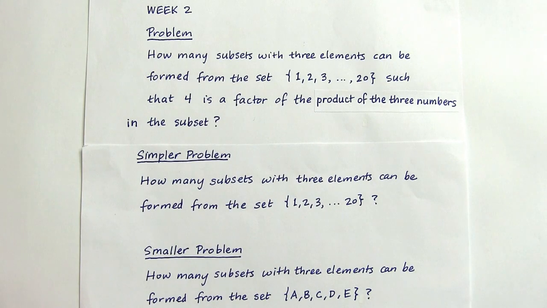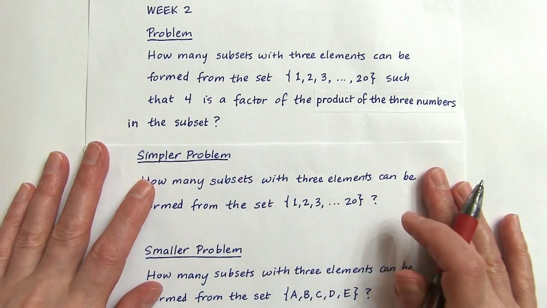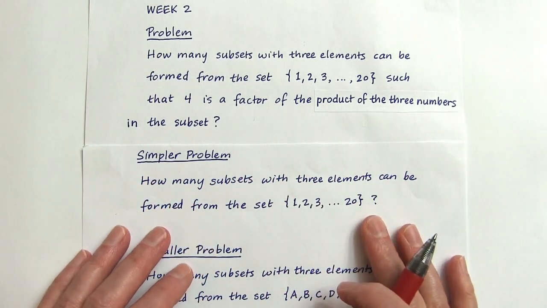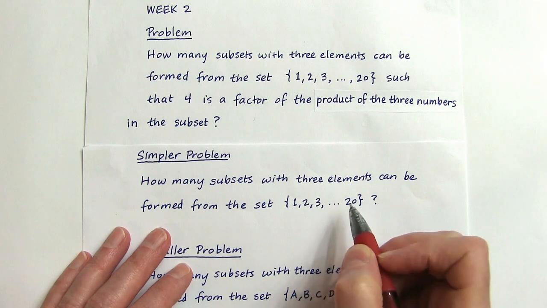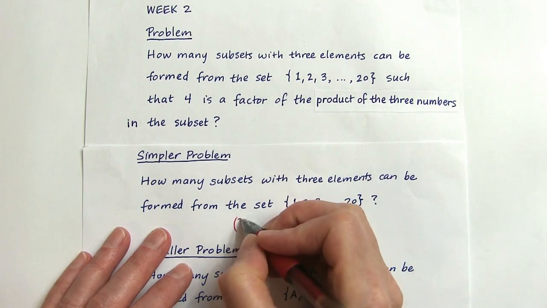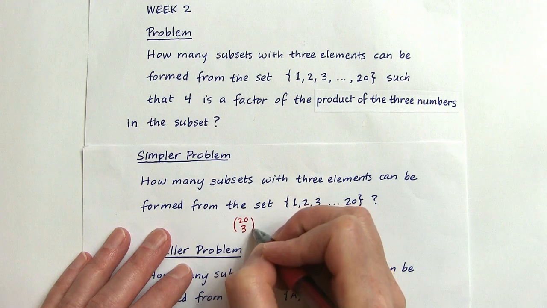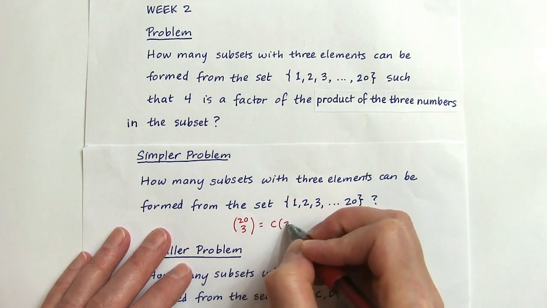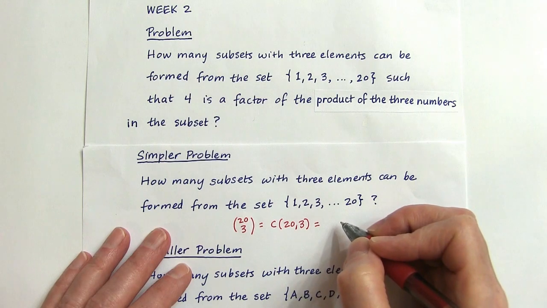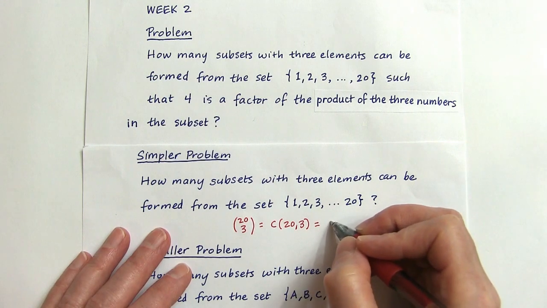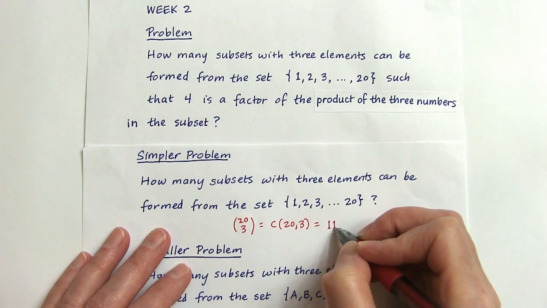So we've just answered the simpler problem: how many subsets with 3 elements can be formed from the set of the first 20 counting numbers. So again, that answer was 20 choose 3, and we got 1,140.